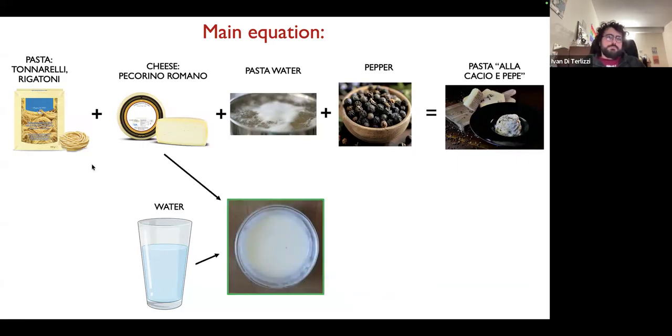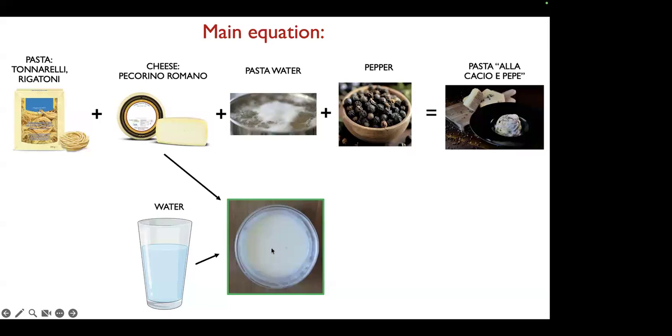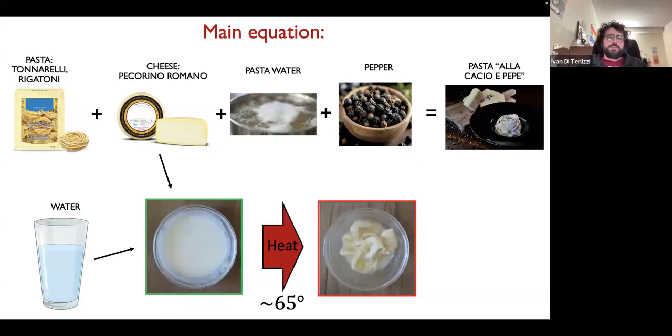So now you take the cheese, you mix it with this pasta water, or let's say water at the moment, so without starch, and you try to obtain a sauce like this. The problem with the sauce is that once you heat it up, something happens. You observe a phase transition, which is what inspired us to study this system, because you have a homogeneous sauce here, a homogeneous state, and at a certain point you get something like this around 65 degrees.